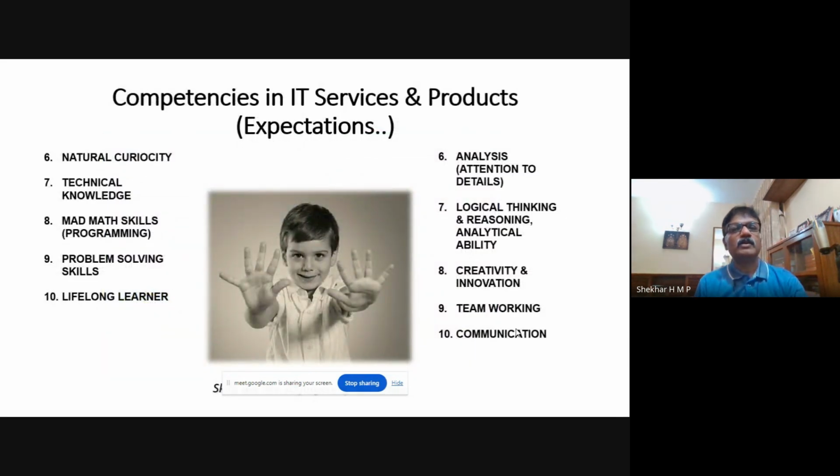Okay. So competencies, when we see them in IT services and products, the expectation, I would say, the first thing the faculty can look at and build is a natural curiosity. When anything is being taught, they should have the curiosity to understand. Sometimes we see that the fresher will not ask any question.